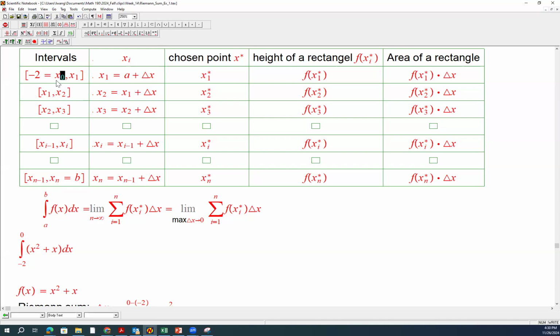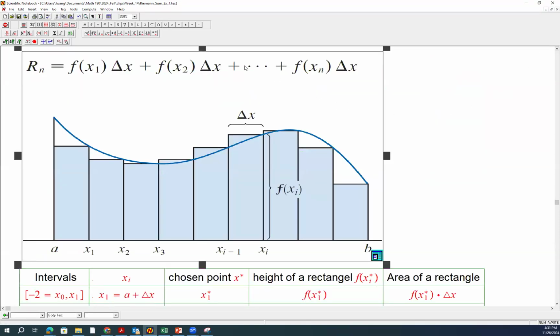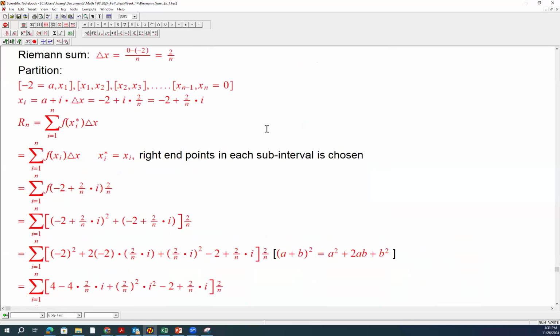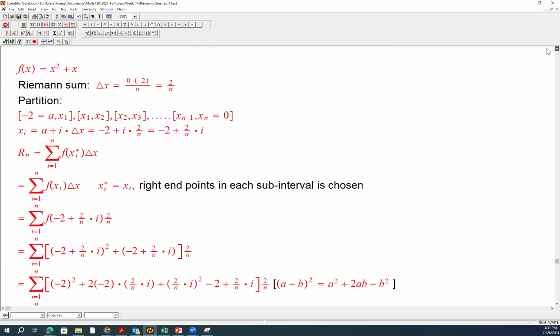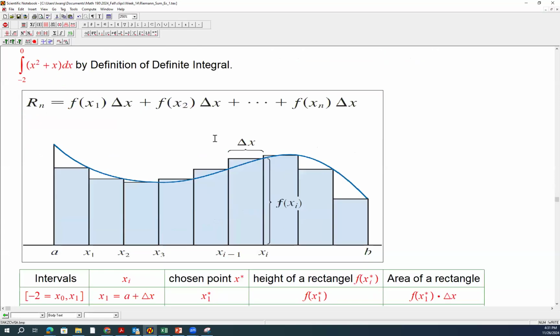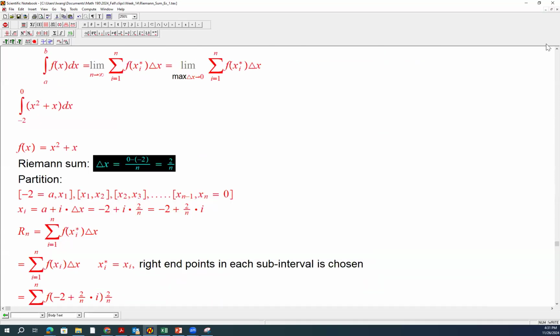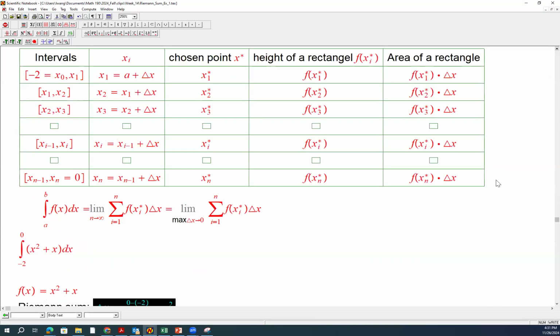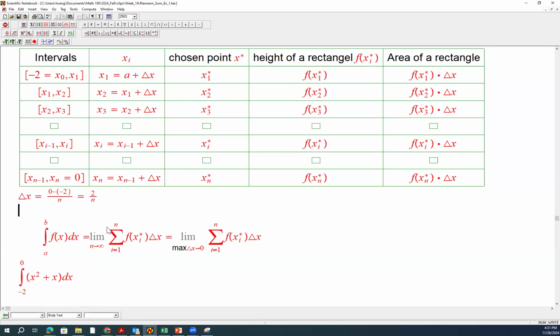So we know x0 is -2, and we also know b is 0 in this particular case. And what is our delta x? We can find our delta x. I'm going to put it on the side, right here.